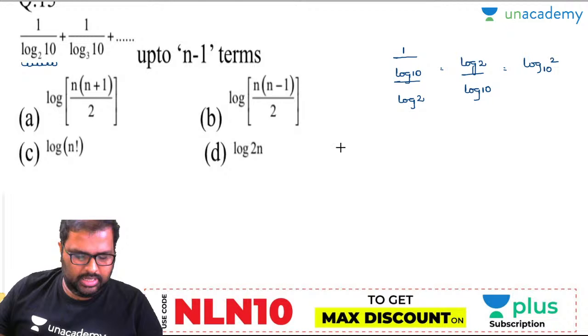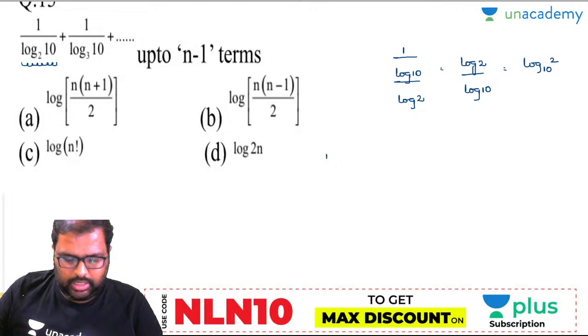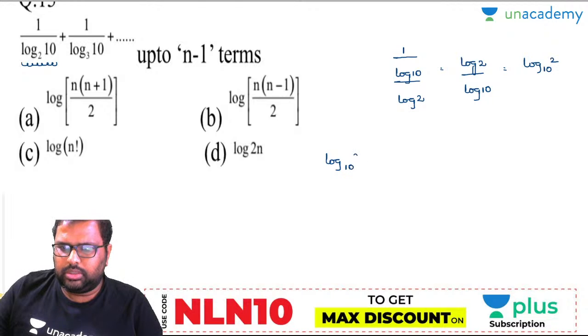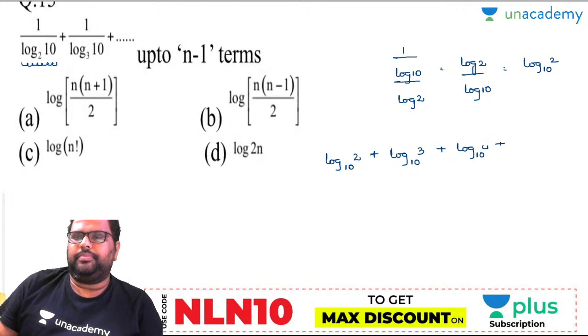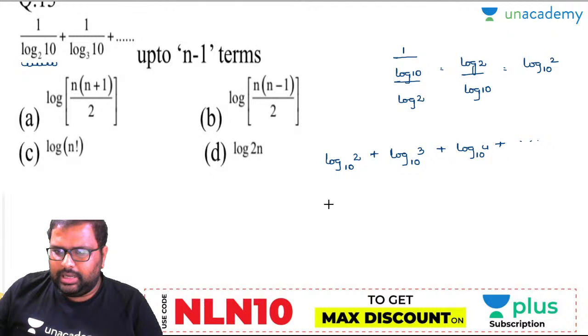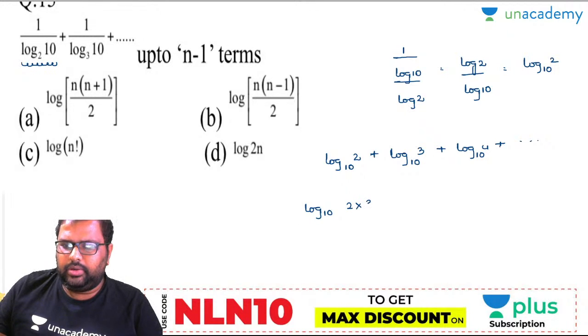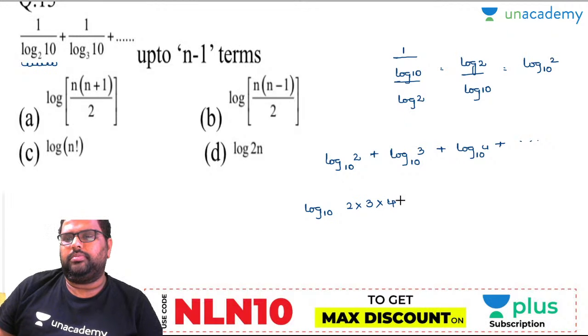Am I right? At last, finally, log base 10 of 2 plus log base 10 of 3. So log base 10 of 4. This is the equation, and so on. So I can write down, this is in the format of log m plus log n plus log q, right? I can write that as log of m into 2 into 3 into 4 and so on.